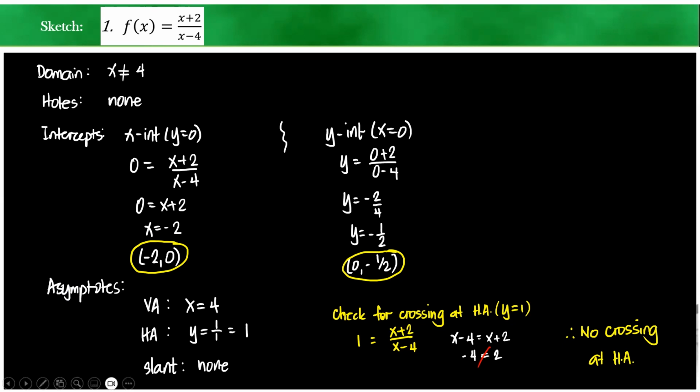After ng asymptotes natin, ano na yung susunod? Regions na, di ba? Domains, holes, intercepts, asymptotes, regions. So let's go to regions. Guys, where do I get the regions again? Dalawa pinagkukunan ko ng regions all the time. What are those two? X-intercepts and vertical asymptotes. So what are my x-intercepts and vertical asymptotes?